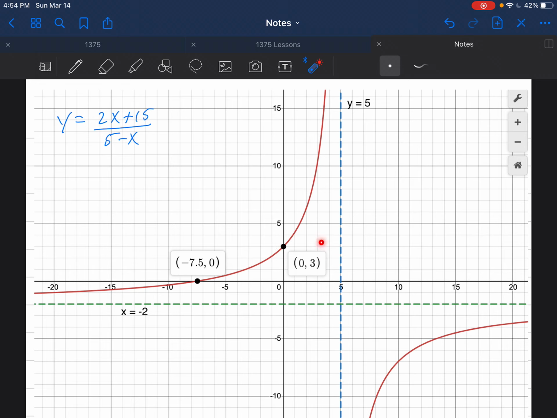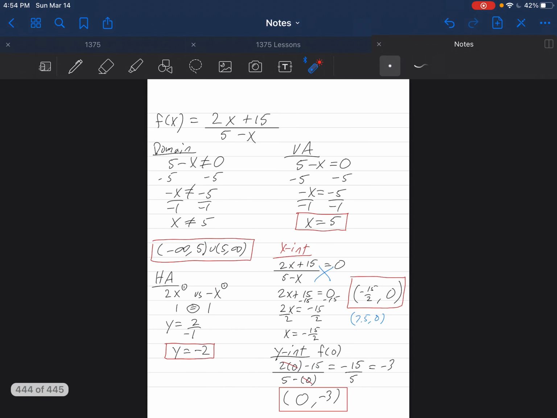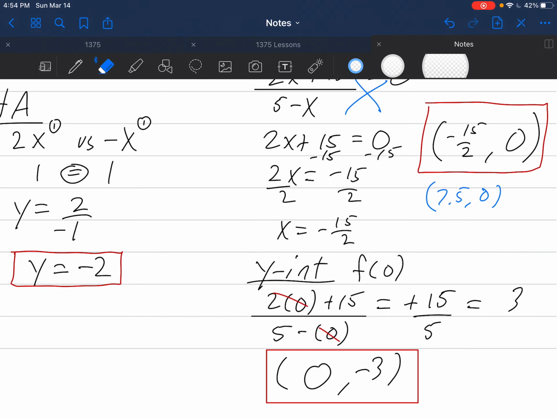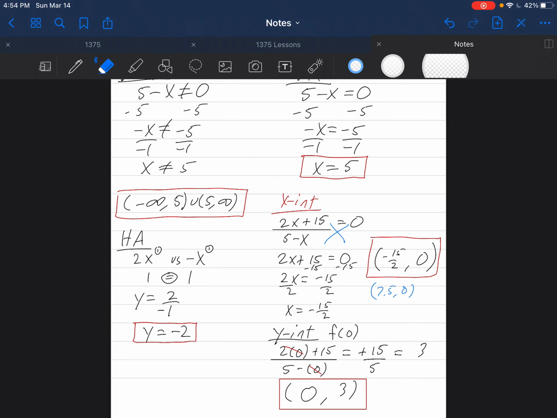We can see over here, I labeled them. This is the y-intercept, 0, comma 3. I got negative 3. Oh, I messed that up, because this should be a plus. That means this should be a 0, 3, and this should be a 0, 3. I'm sorry about that.